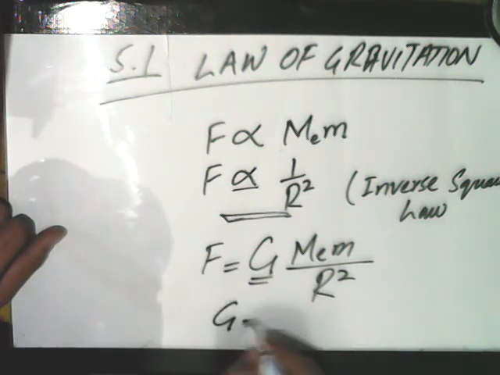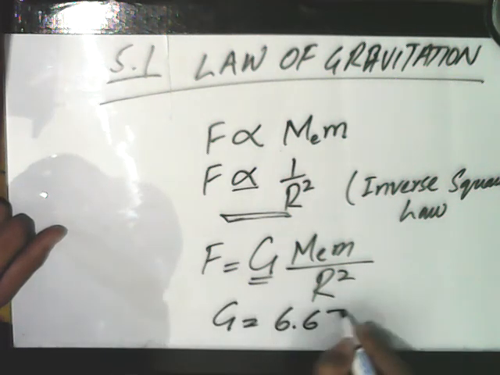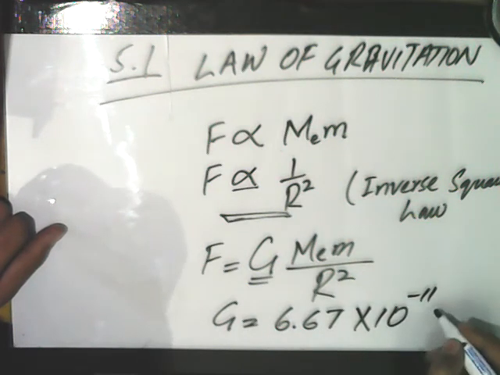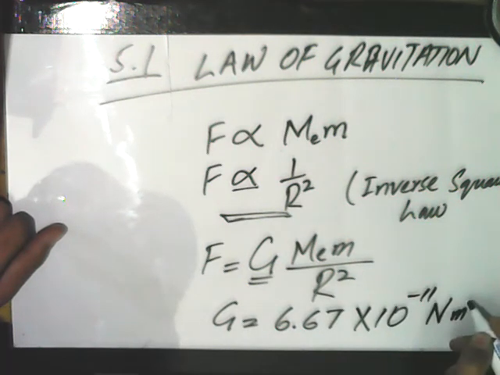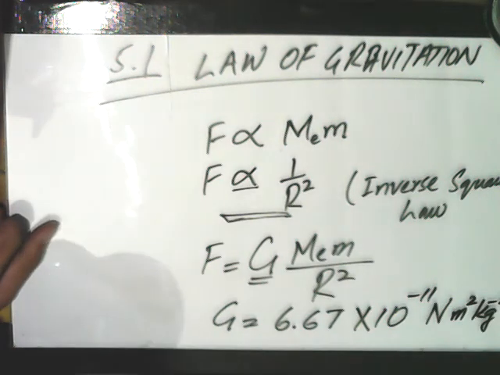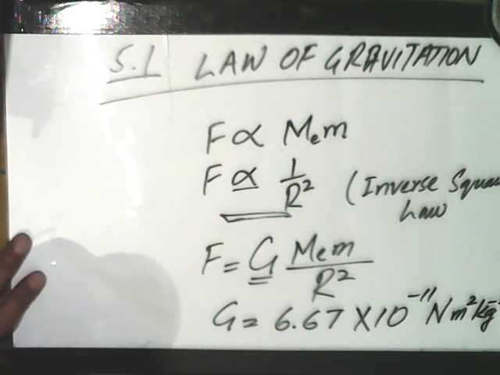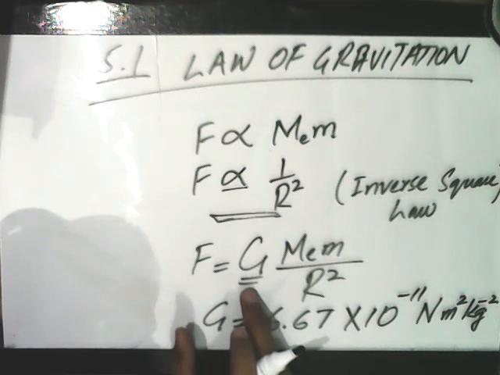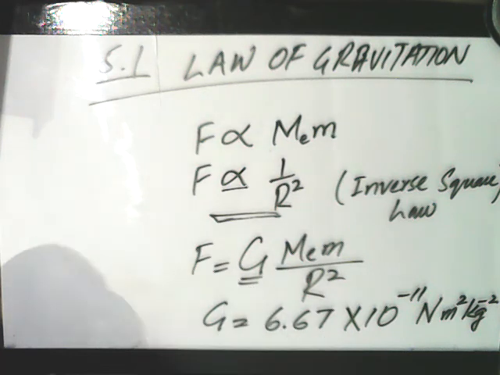The value for capital G is 6.67 into 10 raised to power minus 11 Newton meter square per kilogram square. This is the value for G, and this is what we put over here and calculate the forces.